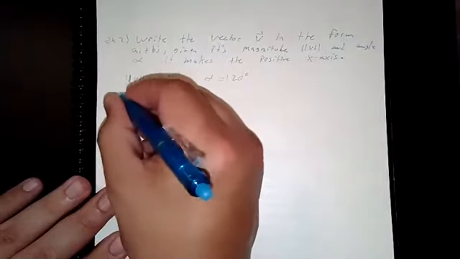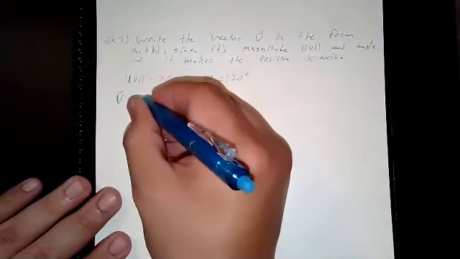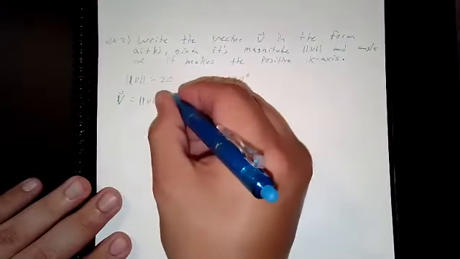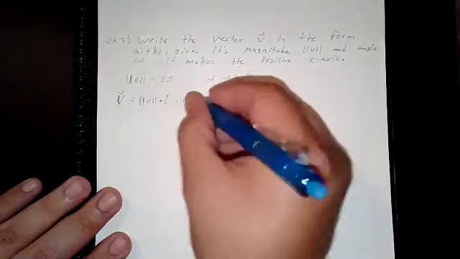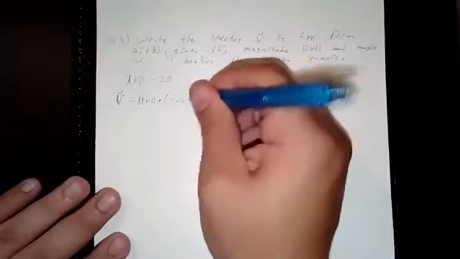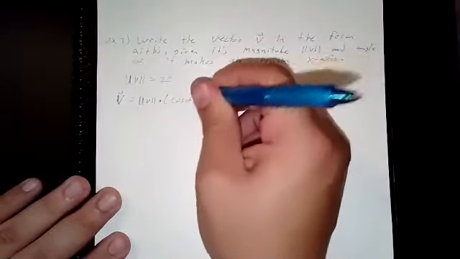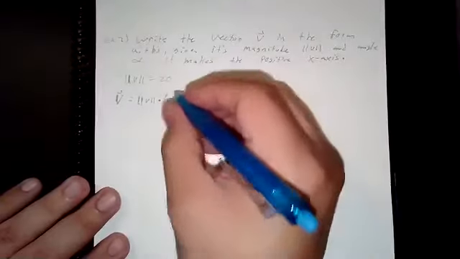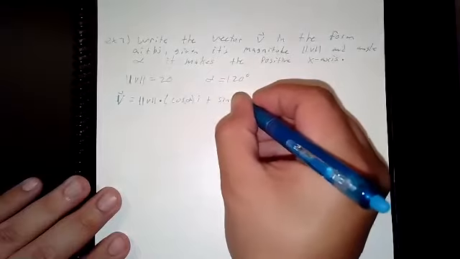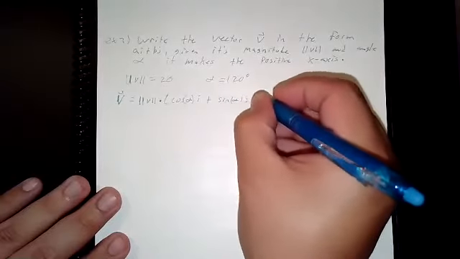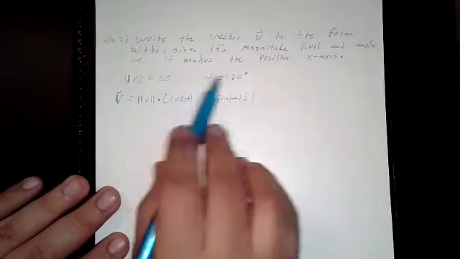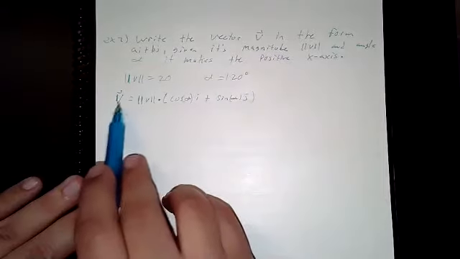So v can be written as the magnitude times cosine alpha i plus sine alpha j. You can use these two pieces of information to find what the vector v is.